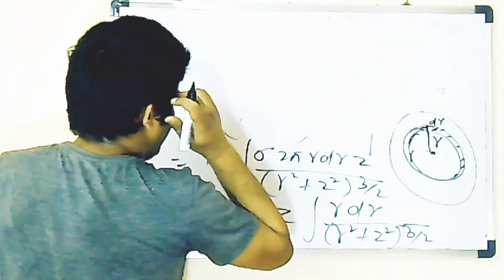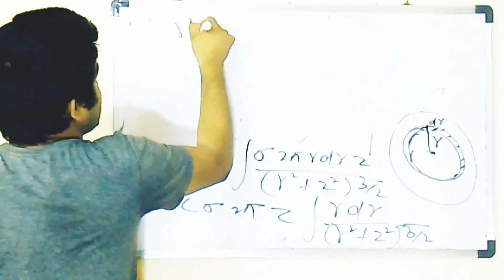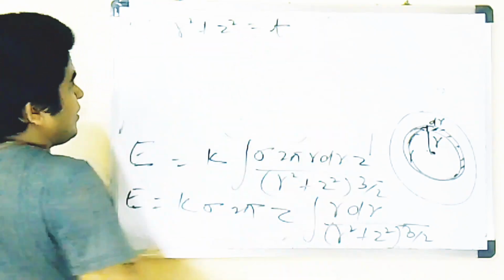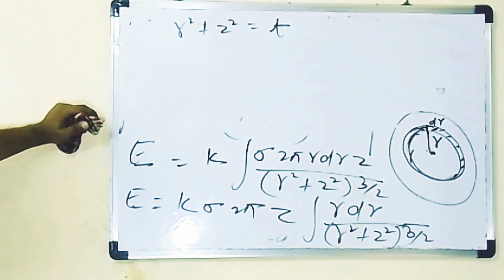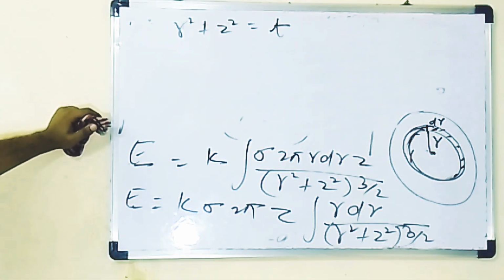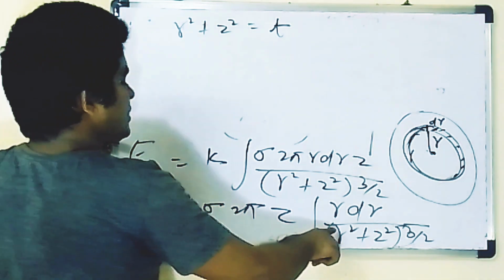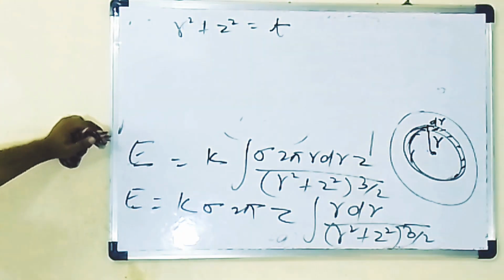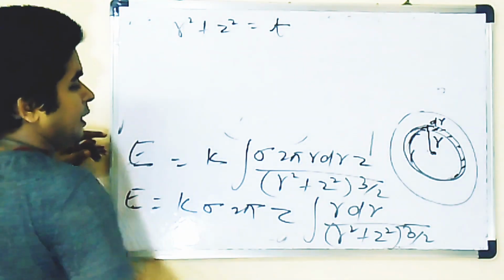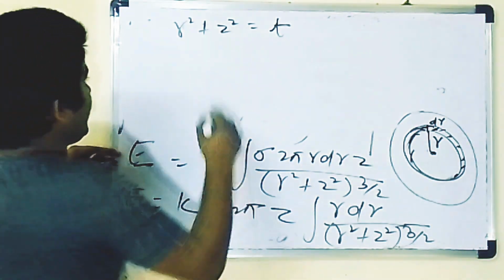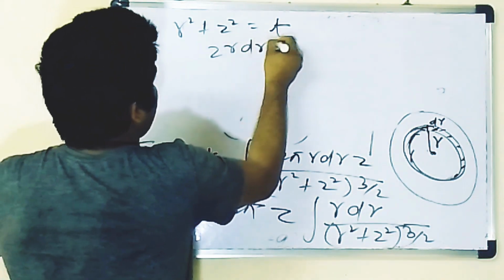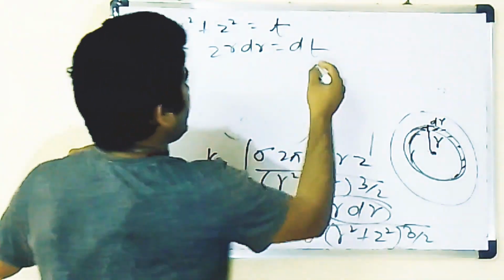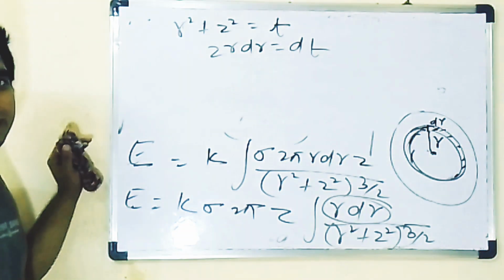Now differentiate with respect to r and t. z is constant with respect to r, so 2r dr equals dt. So r dr equals dt by 2. I substitute this directly.